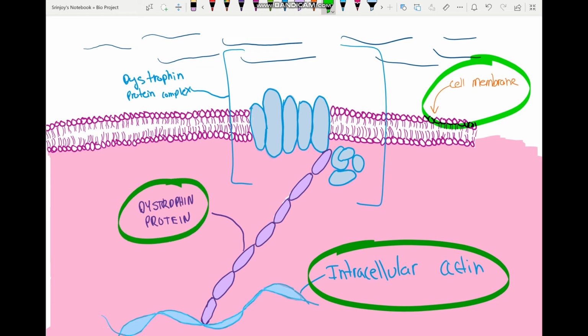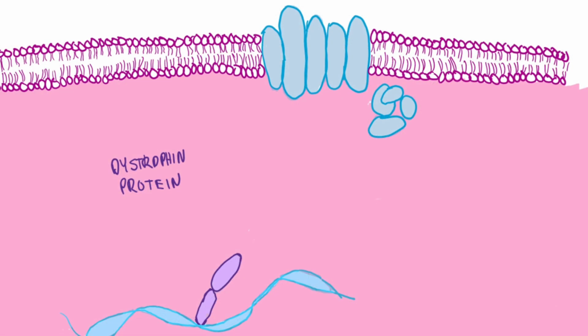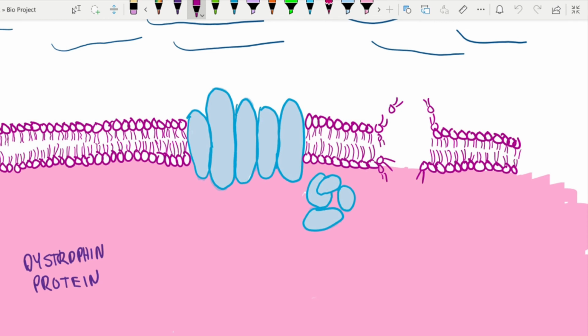This stabilizes the sarcolemma. The sarcolemma is the cell membrane of a muscle cell, and this is analogous to a support beam keeping a house sturdy. As we can see here, the mutation in the DMD gene has drastic effects as there is no dystrophin protein now. Without dystrophin protein, there's nothing to stabilize the sarcolemma. As a result, without the support of the dystrophin protein, the sarcolemma breaks and collapses.